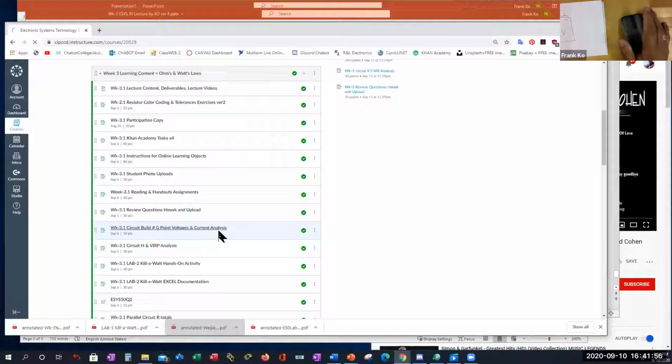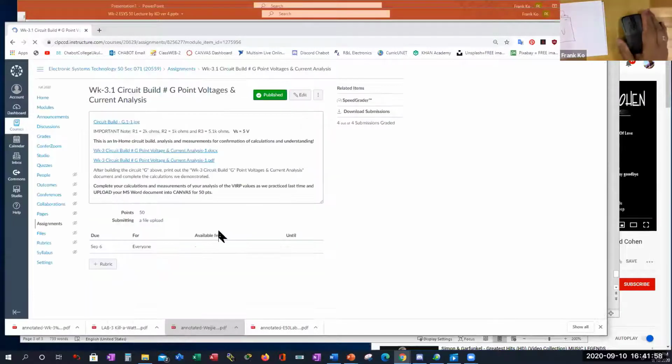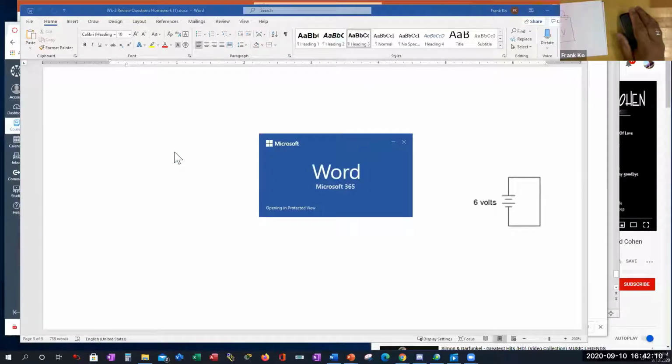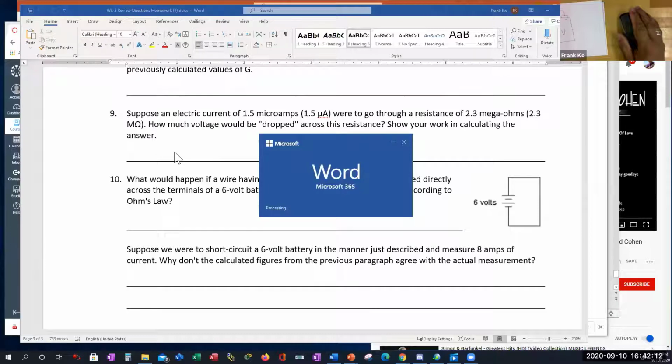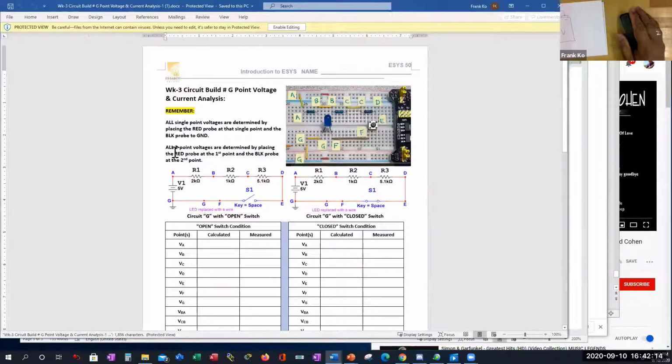So open this particular guide. Some of you have submitted this, some of you have not. Let's take a look at this in this format. Can you see this Word document? Raise your hands. Okay, all right.